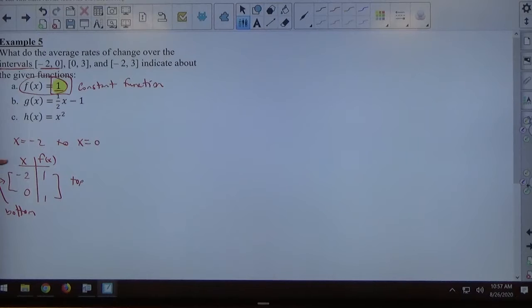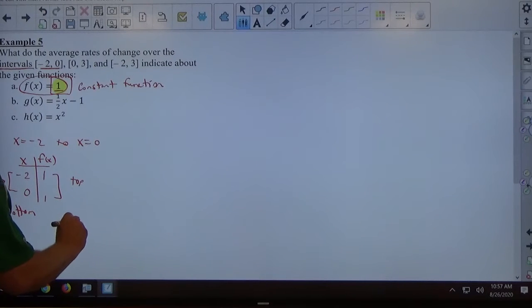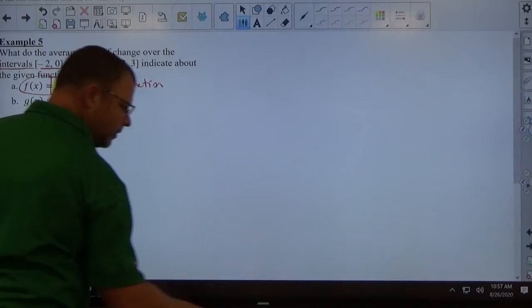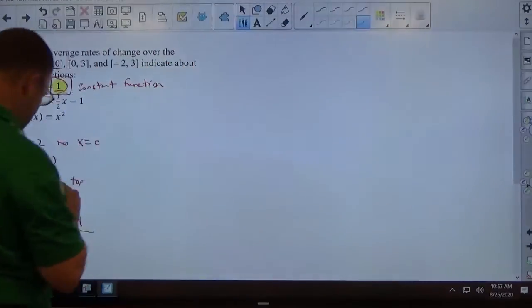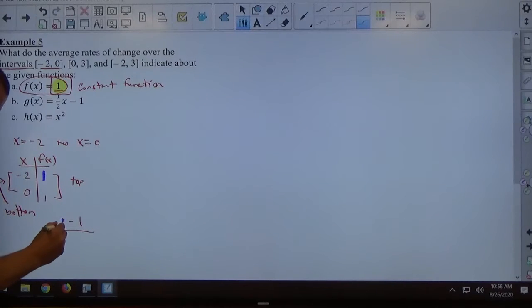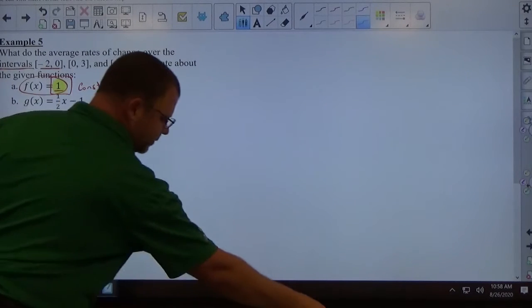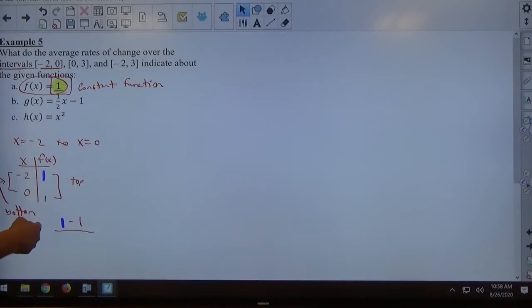So I'm going to do this number minus that number. So on top I'm going to go 1 minus 1. And just to clarify which one I'm talking about, I did that one minus that one on top.